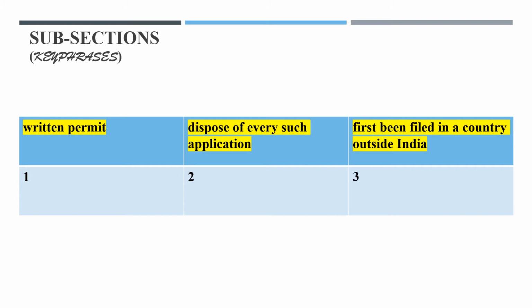And the key phrase from subsection 3 is first been filed in a country outside India. So I have picked my own key phrases. You can pick up your own as per your intellect. Try to remember these things so that you can very easily recall the gist of the subsections of a particular section.